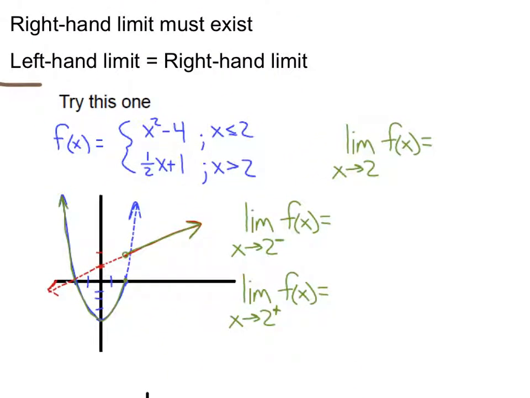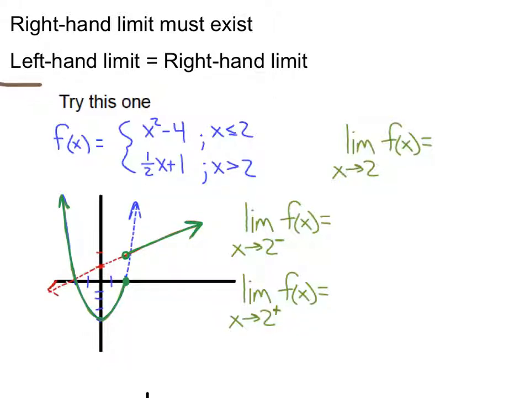Notice here, I have another piecewise function, and on this piecewise function, I'm following this parabola from negative infinity all the way up to where x equals 2. And then once I pass 2, I'm jumping up to this line, 1/2 x plus 1.